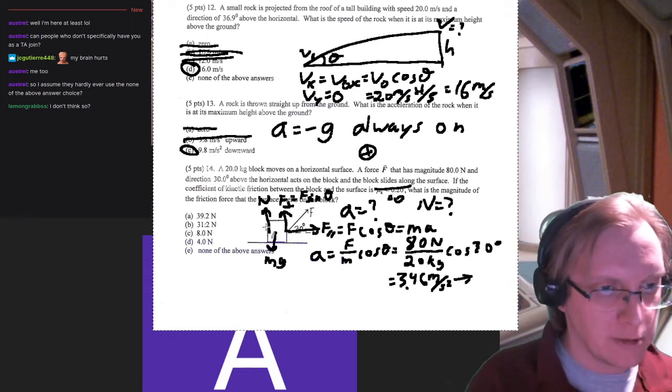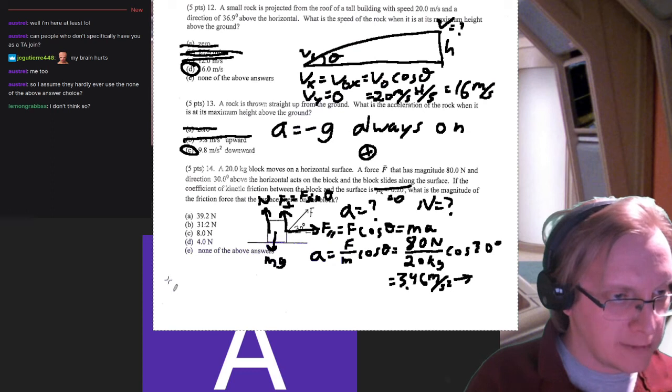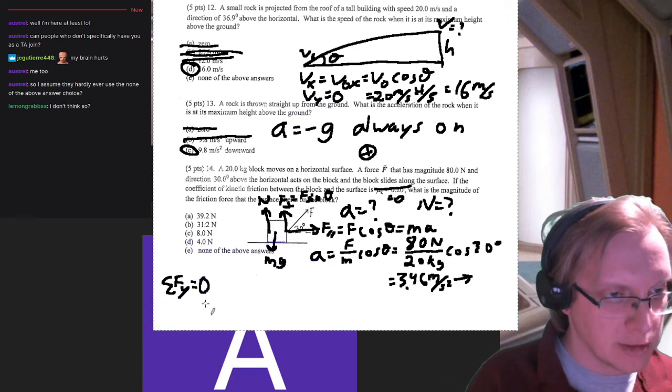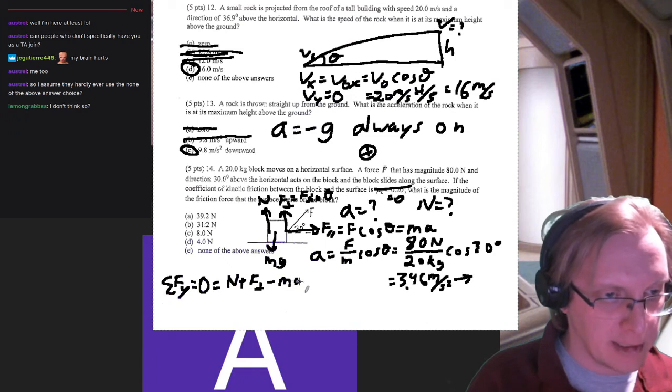And then the normal, we can do that too. So our sum of forces in the y direction is equal to 0. It is equal to normal going up plus our force perpendicular going up minus our force of gravity coming down. Therefore, normal is equal to mg minus force perpendicular.